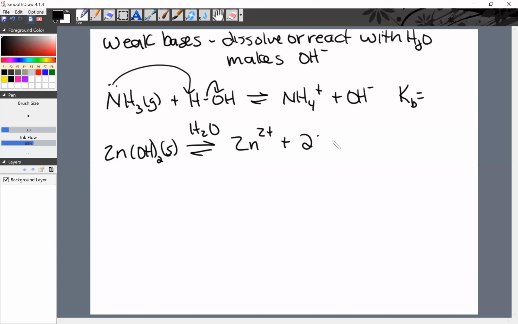That also has a K value. But in this case, it's not a Kb because we're starting out with solids. So this is a Ksp, but it's still considered a weak base because it produced hydroxides.